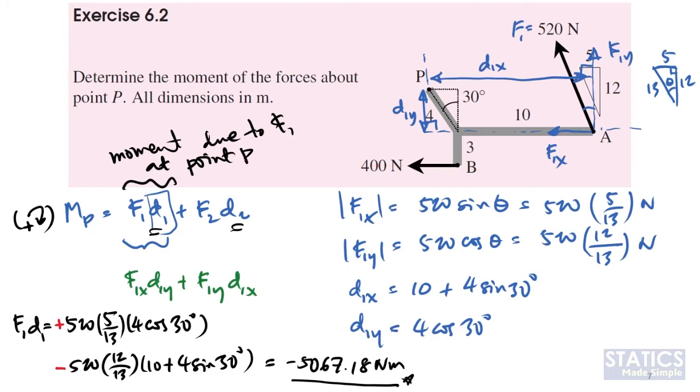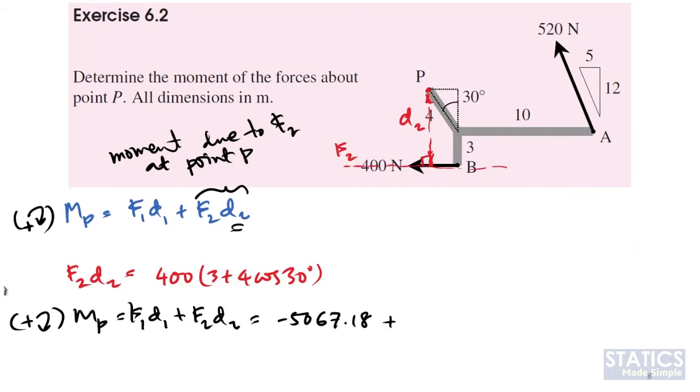Okay. In this case, this minus sign is for rotation that is clockwise, positive. So make sure that your assumptions of positive rotation are the same. That's why we have a minus sign here.